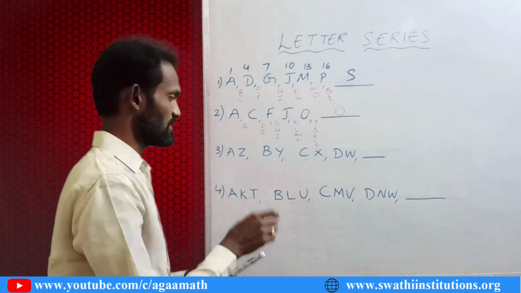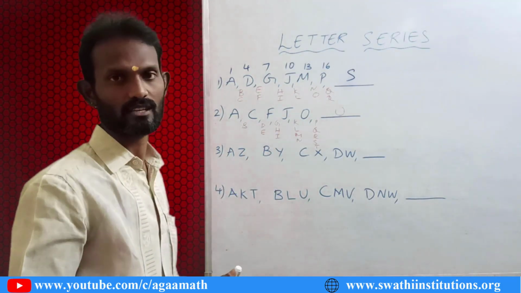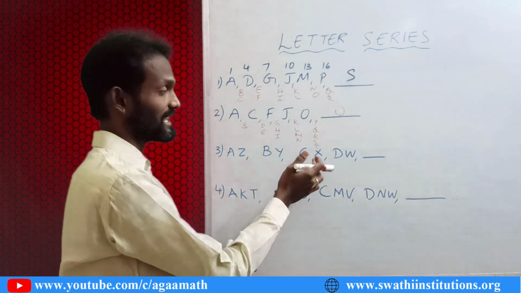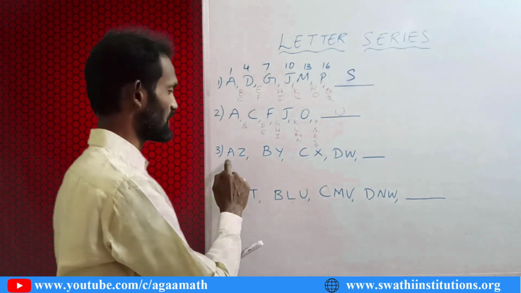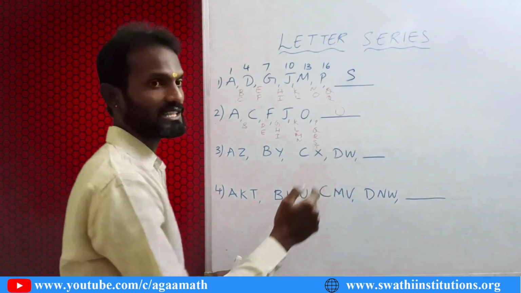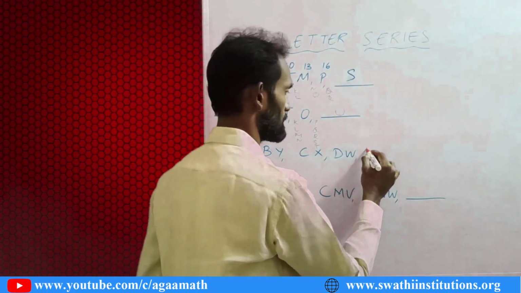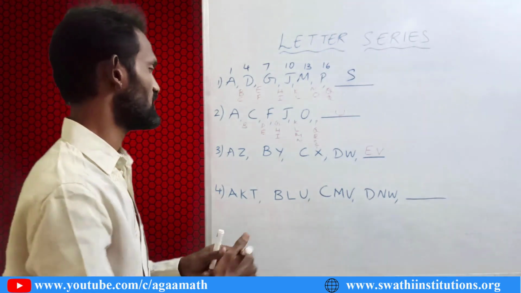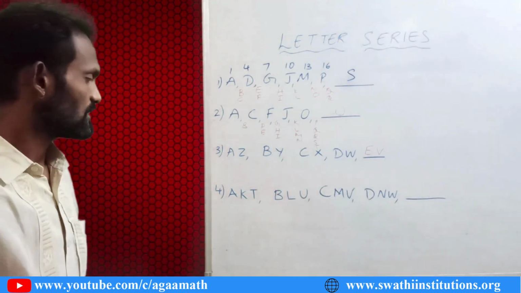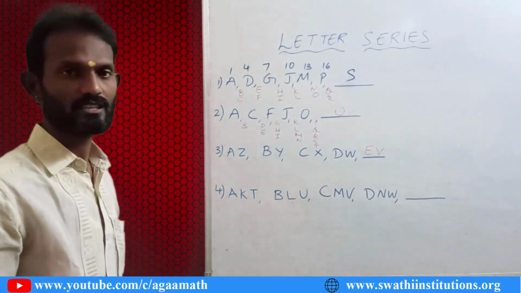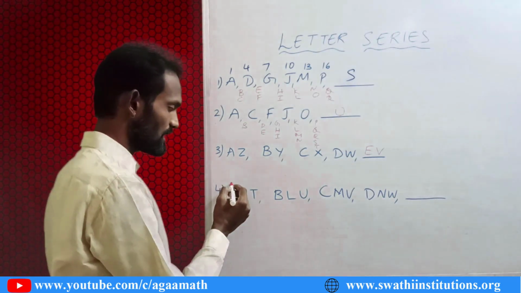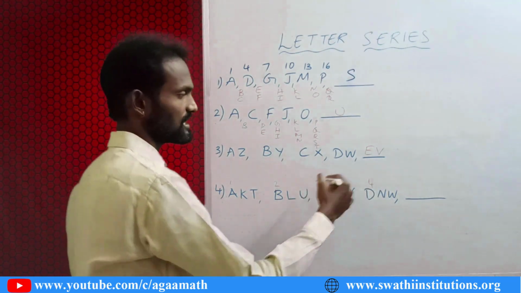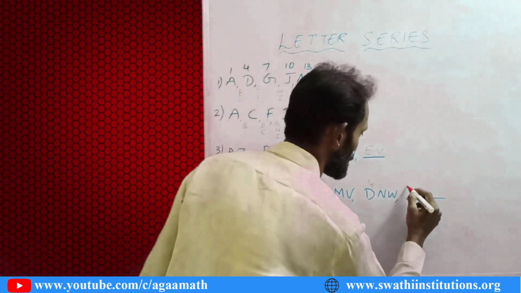Now let us see A, Z, B, Y. Just before we have seen, these are the friends. A to Z, A, Z is a friend, B, Y, boy, C, X, and D, W. Next letter, after A, B, C, D comes E, so we get EV. If you remember the pair from before, EV will be the answer. Right? And next here, let us see. First of all, A1, B2, C3, D4. So the next obviously will be E5.